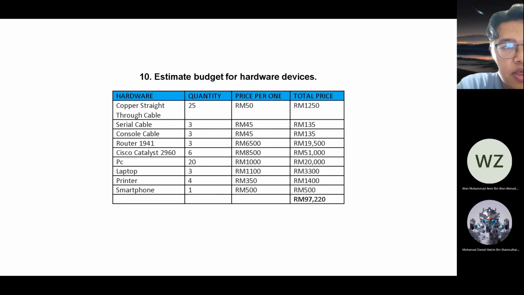And next is switch, Cisco Catalyst 2960, quantity 6, and price per one is 8,500. So the total price is RM51,000. And then PC, we have 20, and price per one is 1,000, and the total price is 20,000.